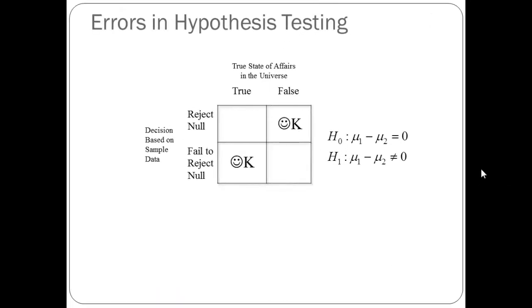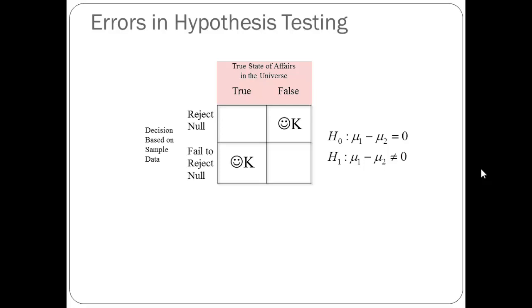Now, this graph is something you see in a lot of different textbooks, and it describes the decision-making process and the kinds of errors we could make. The columns are labeled true and false, and that whole top is called the true state of affairs in the universe. What I mean by this is, if we could know what's going on in the universe at the level of the population, we would know whether the null hypothesis is true or false.